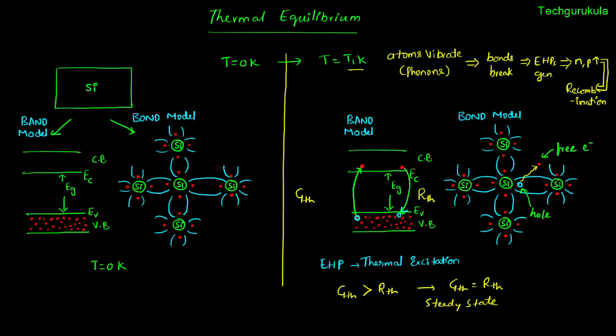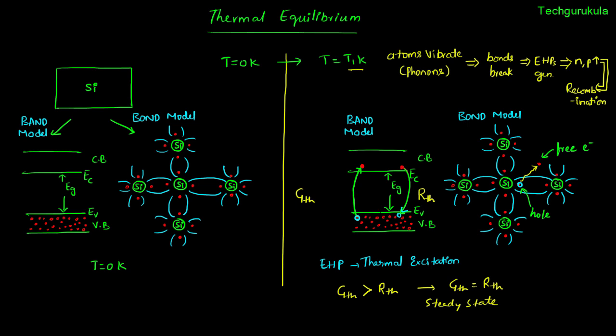Now you see, this is actually a steady state at which the carrier concentrations in the conduction band and in the valence band will be fixed. They don't change, even though there is a generation rate and recombination rate, which means constantly carriers are excited and constantly they're recombined. But with respect to time, carrier concentrations don't change. So this is thermal equilibrium.